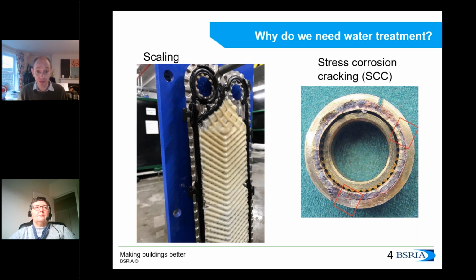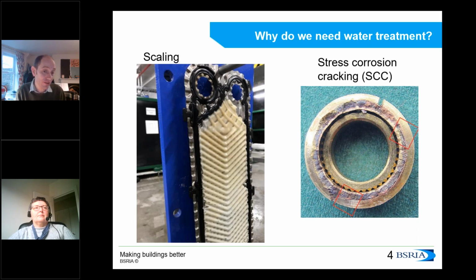But because those passages are quite narrow, if there is an excess of certain chemicals in the water, you can get a buildup of what we call limescale. Limescale isn't the only form of scale, but it is certainly a very common one. So here what you're seeing is virtually the entire passages have been blocked up with limescale.